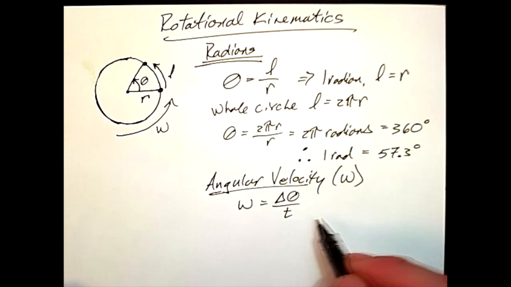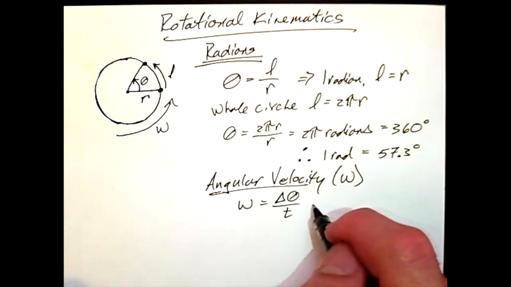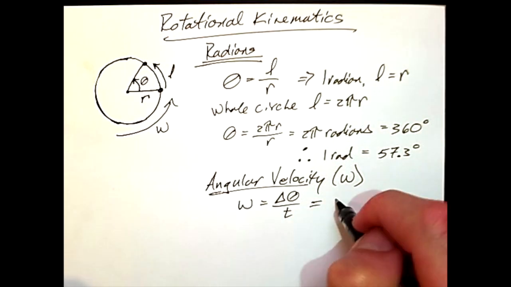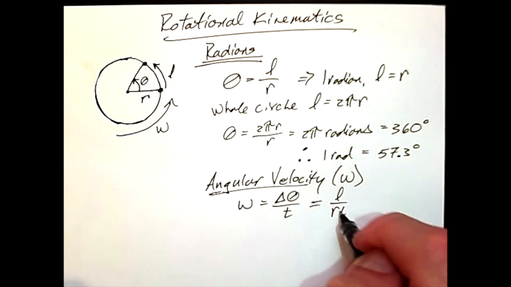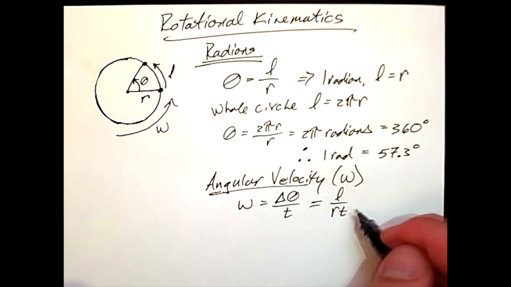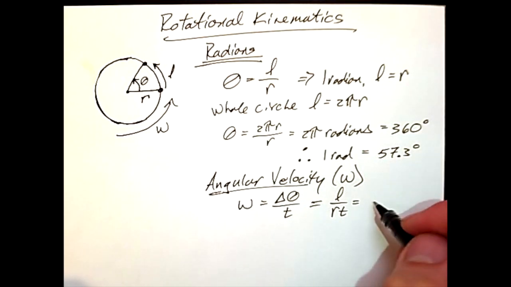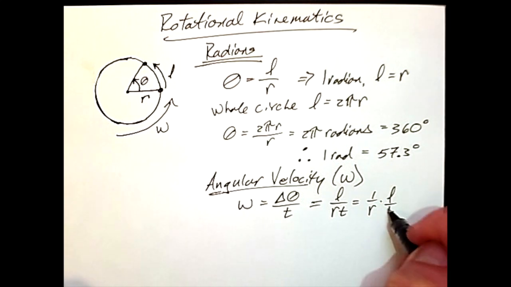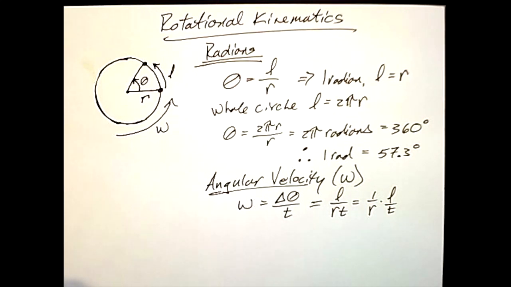Going through the analysis then with the above information up here, we know that omega then would be equal to theta, which would be L over R divided by time. And so if we separate this a little bit and we say that 1 over r times L over t is equal to theta, then we see that really distance divided by time in terms of a rotational rate is our linear speed. And so what this is v, our tangential velocity, divided by the radius.